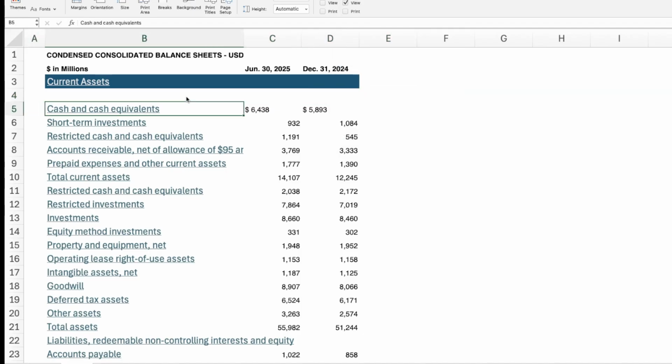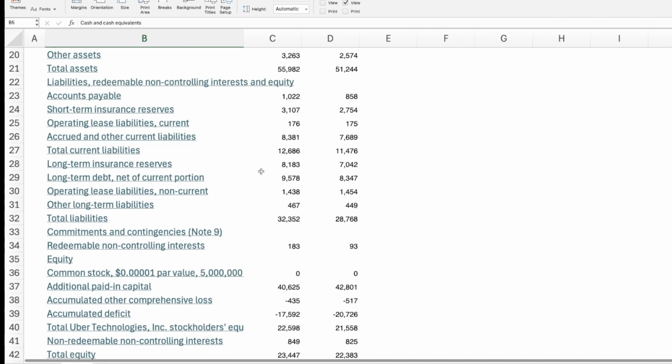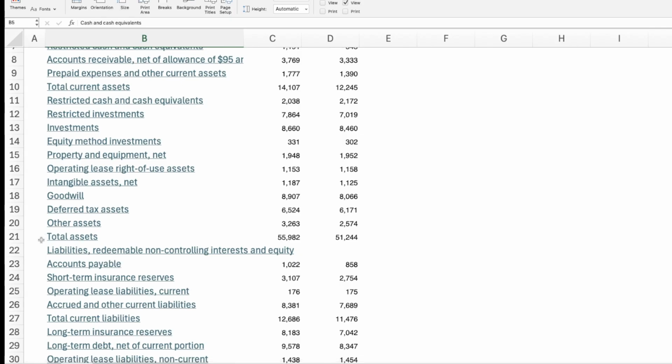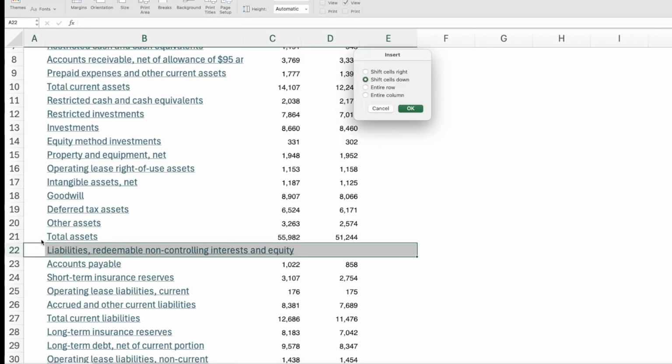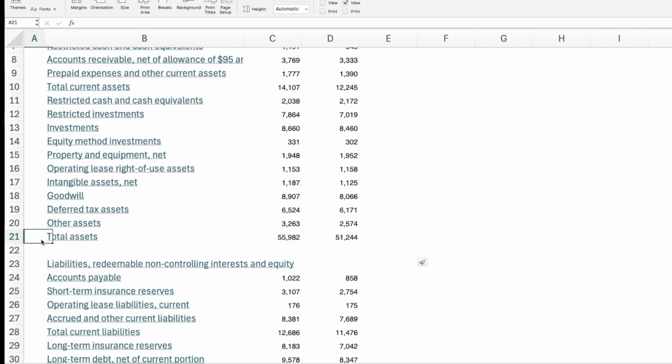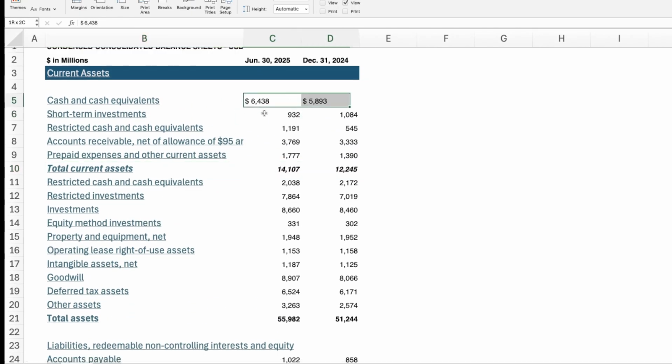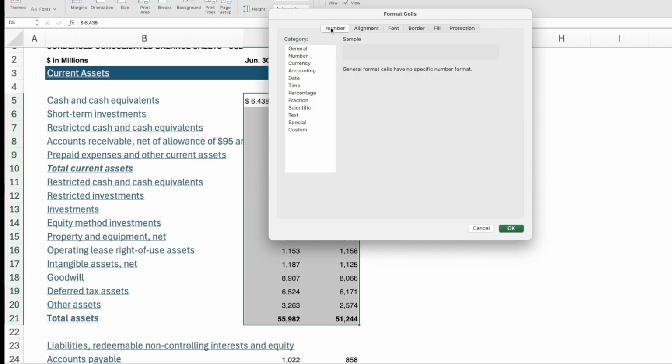There we go. Then we need to separate the assets from the liabilities and the equity. So put total assets, let's bold that at the bottom here. Then total current assets, let's bold and italicize. And this all looks good. Just highlight all of these in the current assets, and we'll do the same with the others as well.